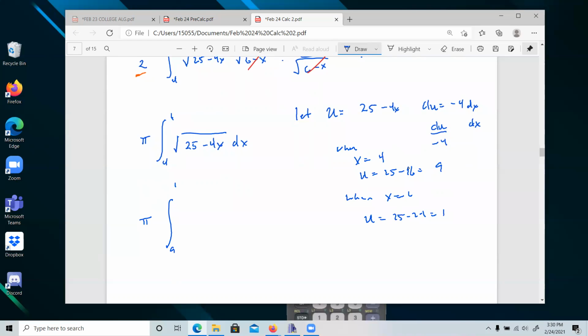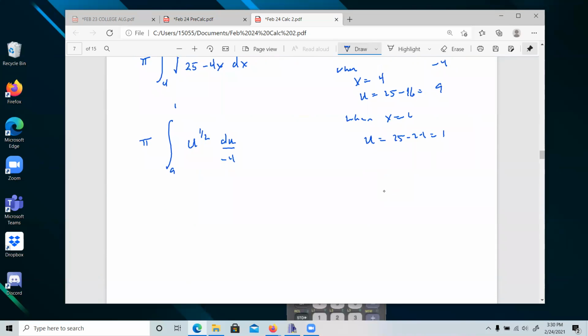Okay, we have u to the 1/2 power, and then dx. dx was du over negative 4. So what I'm going to do is pull this 4 out in front. And then the negative sign, okay, what happened here was we changed limits because of the negative sign. Okay, u to the 1/2 du.